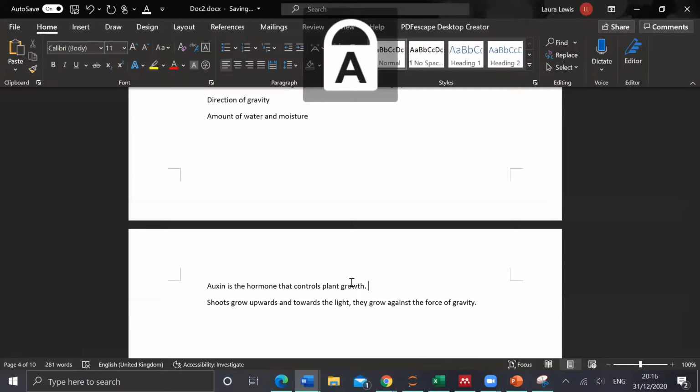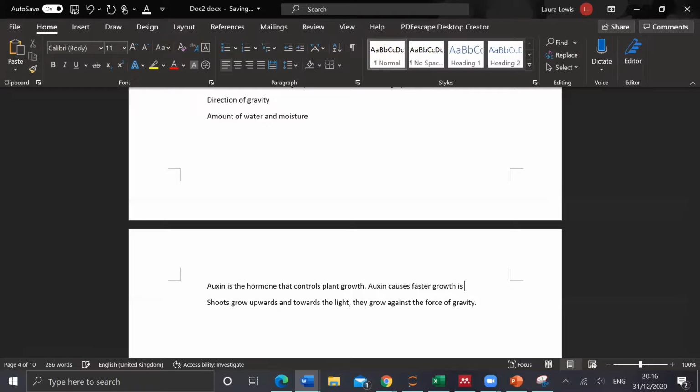What it will do is that auxin causes faster growth in shoots, but slower growth in roots.